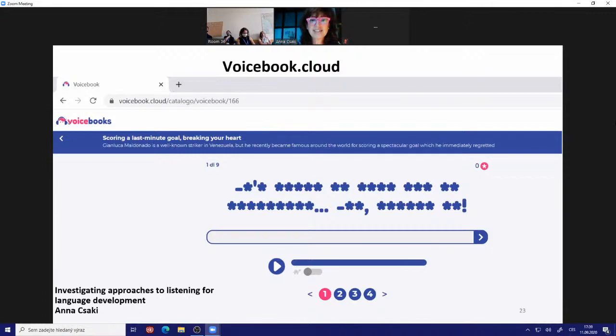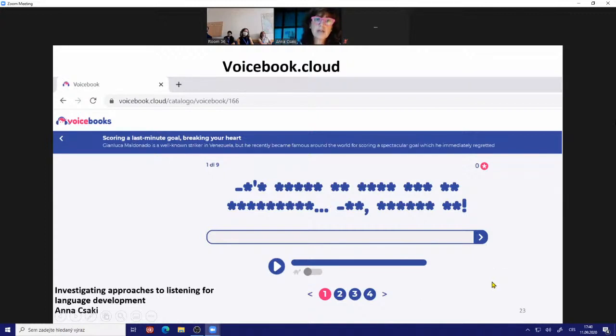So it looks like this, and what happens is, well, you can't see because there's a little turtle under the play button, and so the students can do this on their own, either for homework or even in class or in groups, and they play the audio, and these are all authentic recordings, and they type in what they hear. They can make the speed faster or slower, this little turtle here.